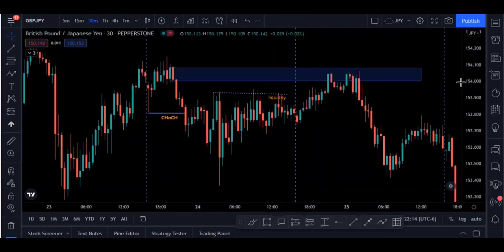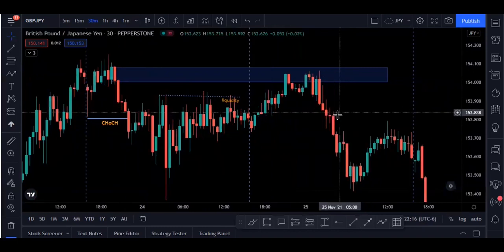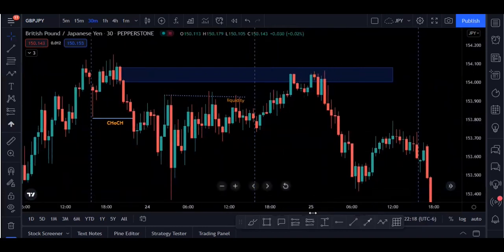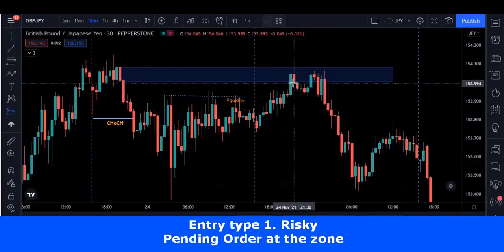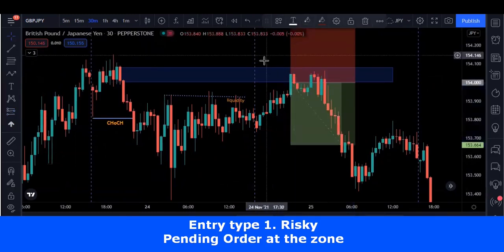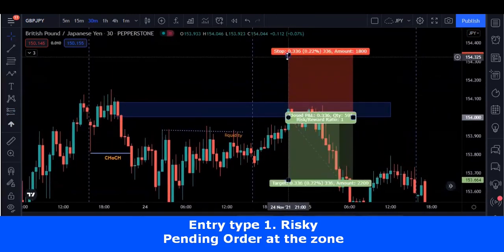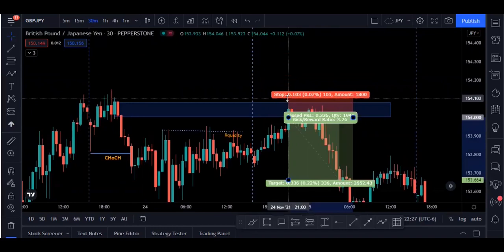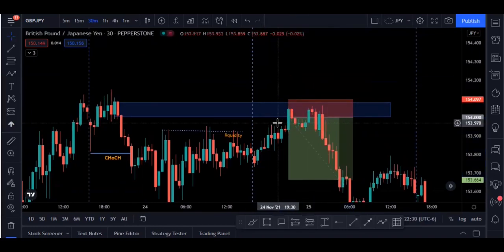So I'm going to show you two ways in which you could have taken this trade. The risky one was just placing a pending order right at the zone, right? And your stops above, okay?